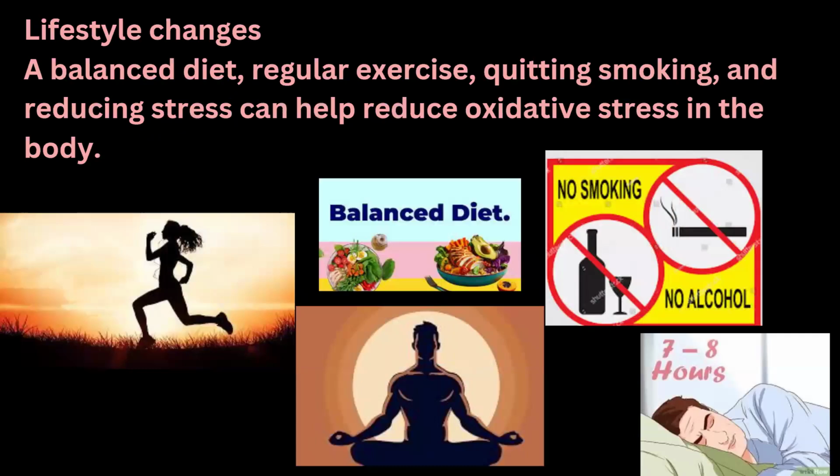Then lifestyle changes. A balanced diet, regular exercise, quitting smoking and alcohol, and reducing stress can help to reduce oxidative stress in the body. Proper exercise, meditation, a balanced diet, no smoking, no alcohol, and 7 to 8 hours of sleep may support proper development in the body and prevent lipid peroxidation.